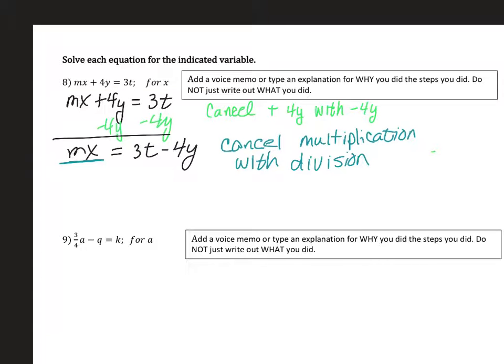So I'm going to divide this side by m so that I can get the x by itself, which means I'm going to have to do it over on this side too. That's going to leave me with x equals 3t minus 4y all over m. X is isolated, so we know we're done. Questions, questions, questions.